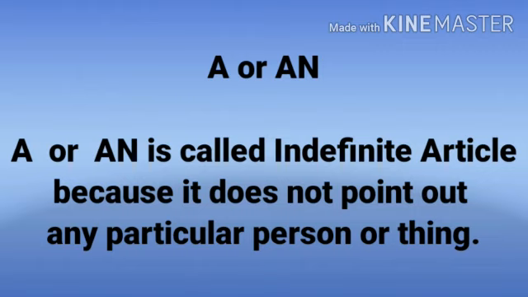For example, once upon a time, a prince was going through a jungle riding an elephant. Here, the use of a and an can be seen, and articles are always used before nouns.